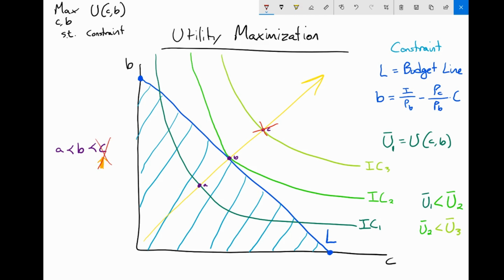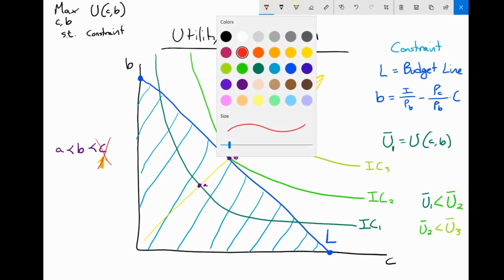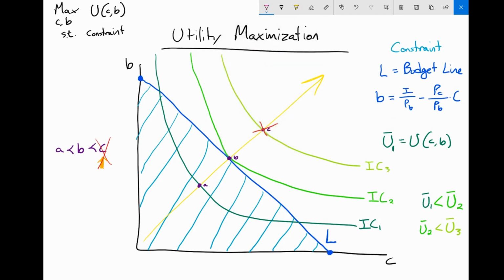Well, let's see. What about A? Can they afford A? Yes, they can afford A. A is a bundle that lies within the opportunity set. It lies below the budget line. That means if they bought bundle A, they would be able to afford it, and they would even have some leftover income, because at bundle A they are below the budget line. That means the agent is not spending all of their income.